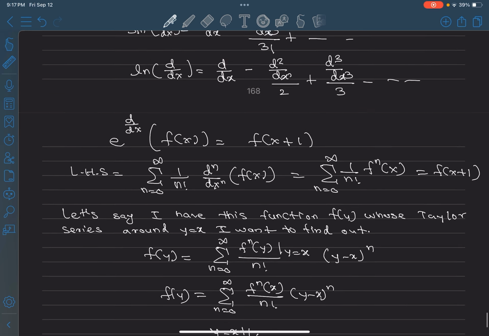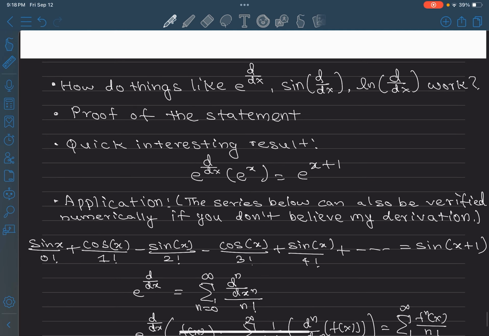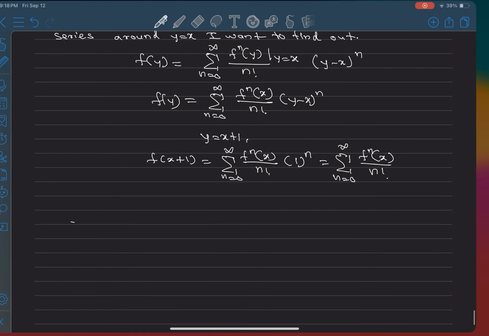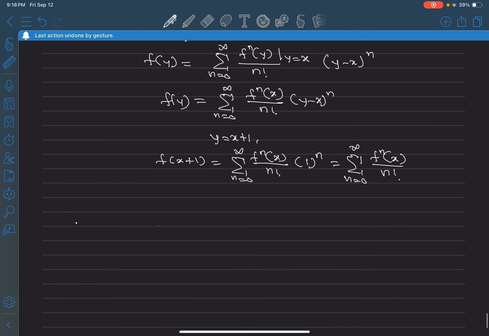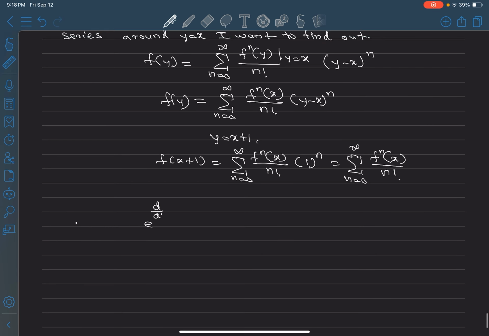So now that we have this, we will prove these two interesting results. The first one is pretty simple. To prove the first one, we just need to take this operator on e to the power x. If you do that, we will just have this infinite sum of the nth derivative of e to the power x, which is then divided by n factorial.